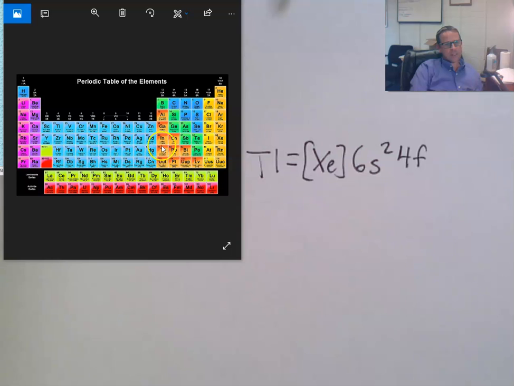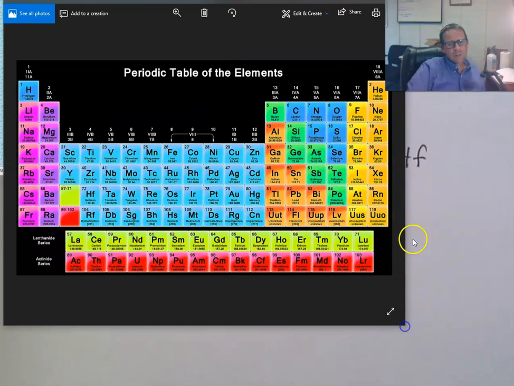So we go back to our noble gas, xenon, 54, going to 55 and 56. So this is the 1, 2, 3, 4, 5, 6, n equals 6, 6th row. And this is the S block. So 6s2. Does that make sense?